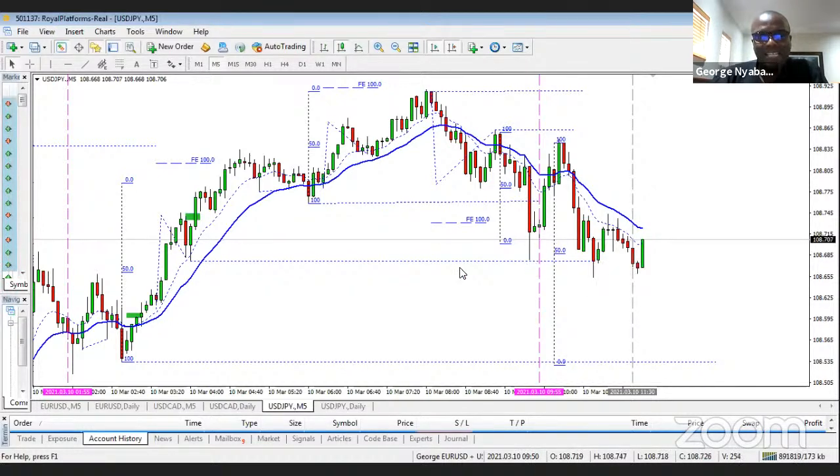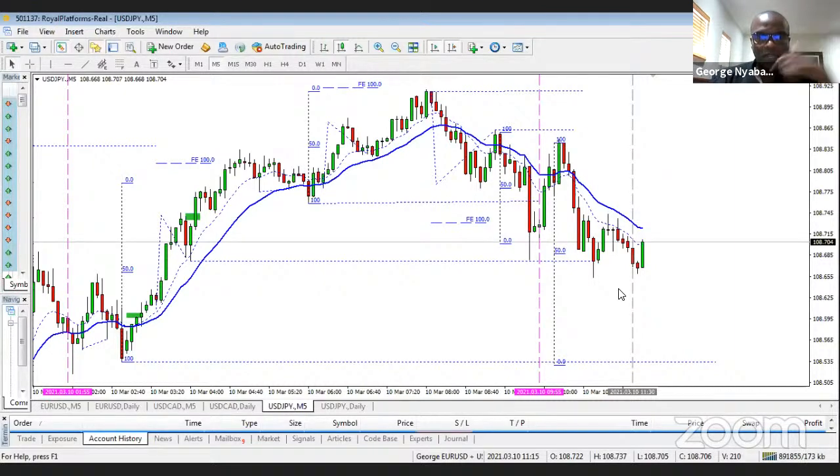So I see that as a double bottom. But when I see a double bottom, I don't trade off the double bottom itself. I have to wait for a pullback off the double bottom. Then I want to see at least a two-legged move. So today, at some point, I'm going to be talking to you about two-legged moves and just how critical they are in terms of how we take trades.